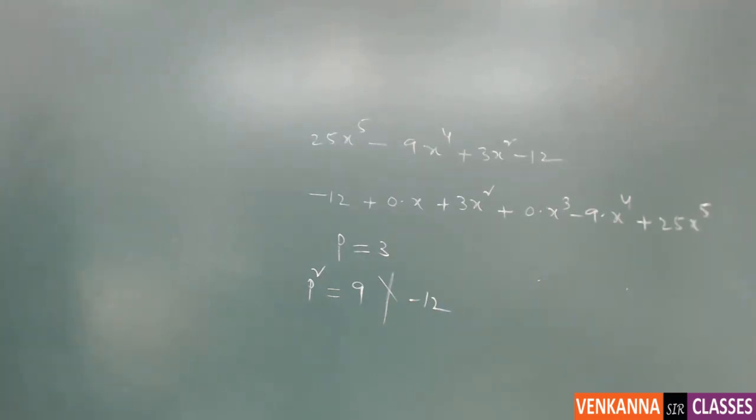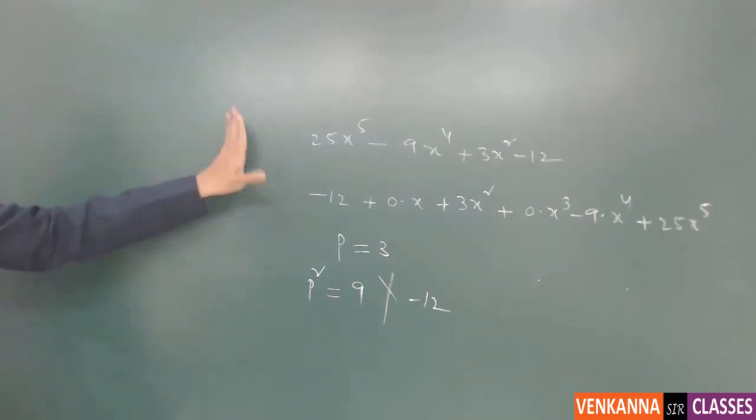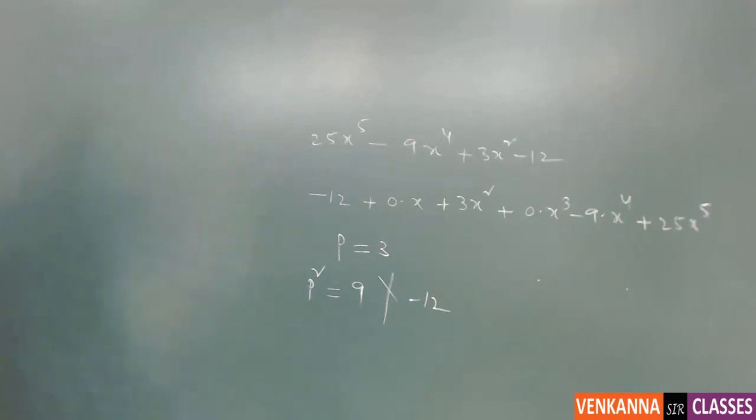Okay, is it clear for you? It is an irreducible polynomial over Q. Now, does this example give sufficient knowledge with regard to irreducibility?